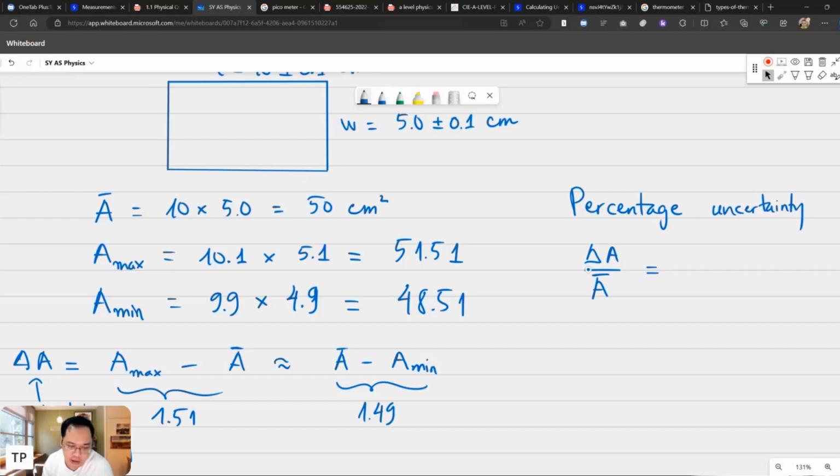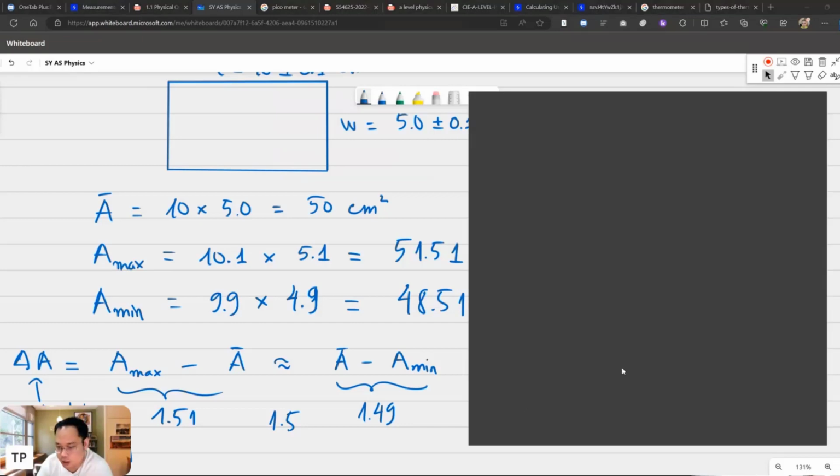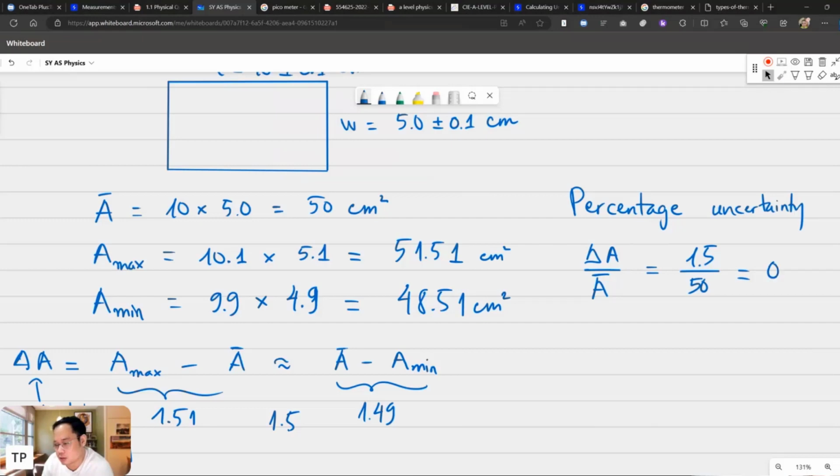I can take 0.51 or 0.49, I'll take the middle value, which is 0.5. Divide by the average value, 50 centimeters square. This percentage uncertainty is 1.5 divided by 50, 0.03, 3%.